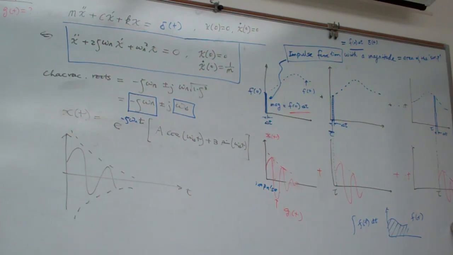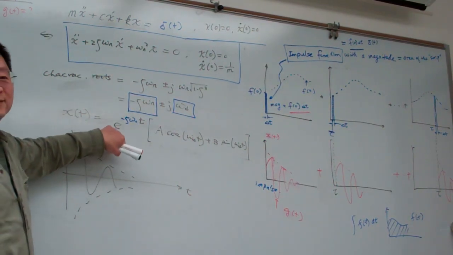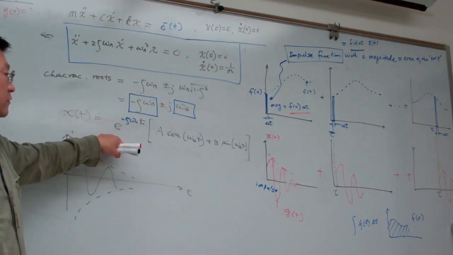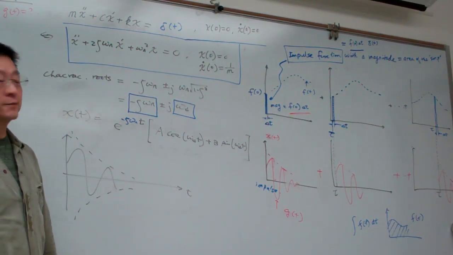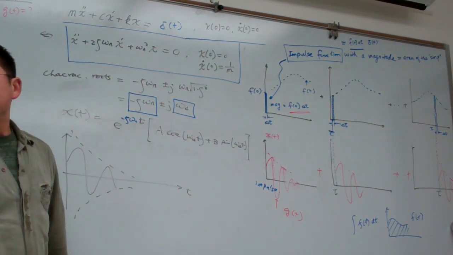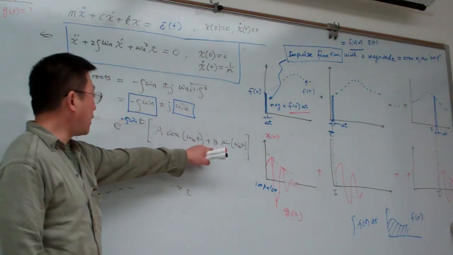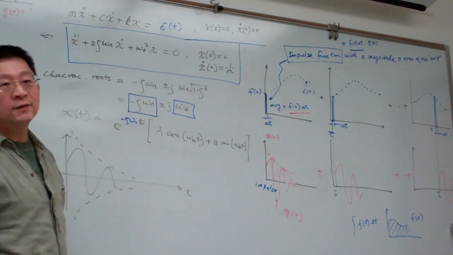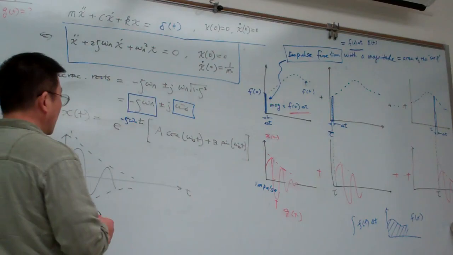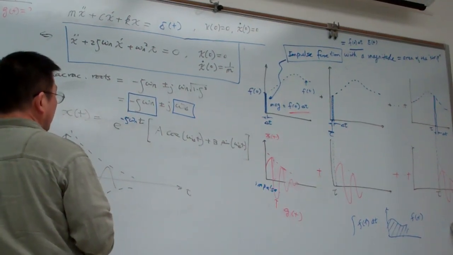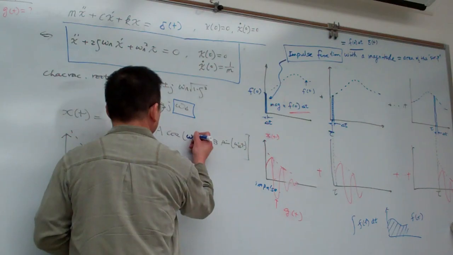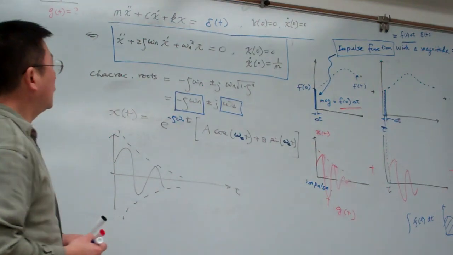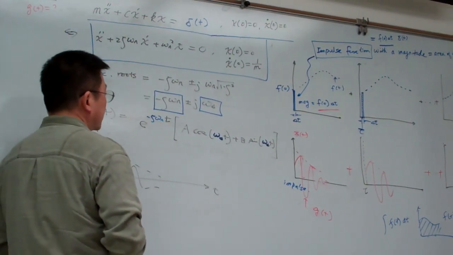Have I helped you recall your memories on this? Good, right? That is part of a homework exercise, I forgot which one, 3 or 4. A and B are the two unknown constants that can be determined by the initial conditions.